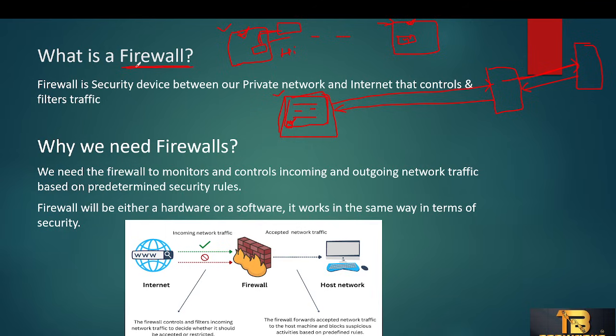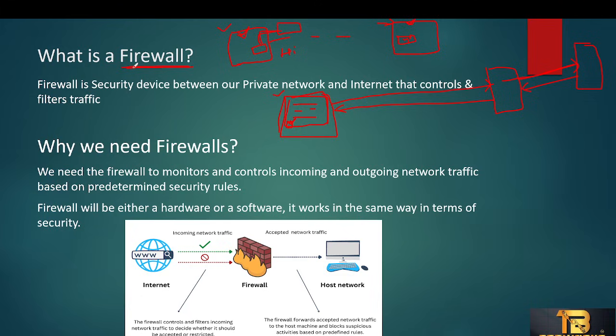Firewalls are security devices that provide security. Not only security, it is also going to protect your private network from multiple attackers or threats, and you can also hear about DoS attacks, DDoS attacks. These firewalls are an important source of security for your network.